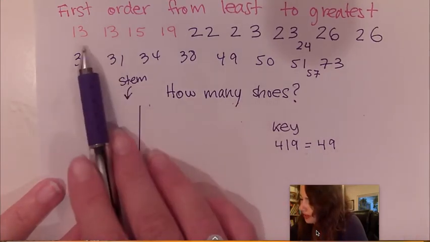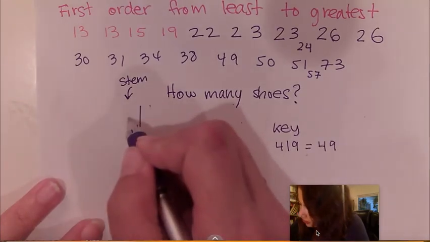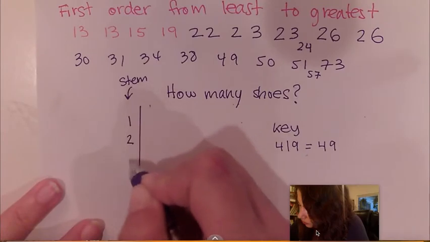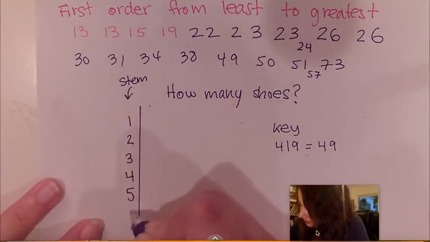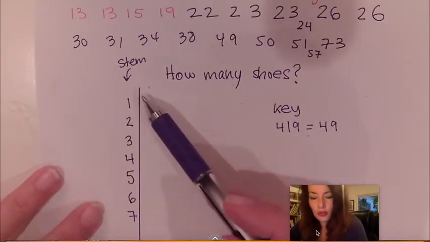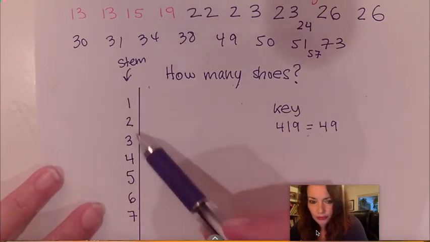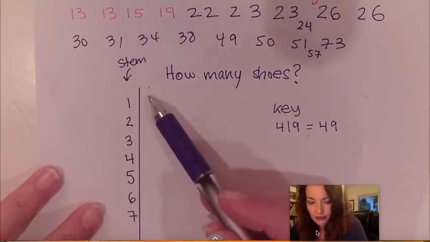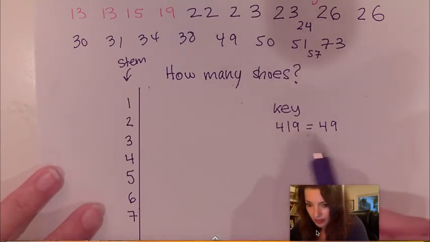All right, so I have numbers from 13 to 73. So I'm going to number 1, 2, 3, 4, 5, 6, 7. So I'm going to include all my data here. The stem will include the first digit, and the leaf will include the last digit. Now, that's just how my key is.